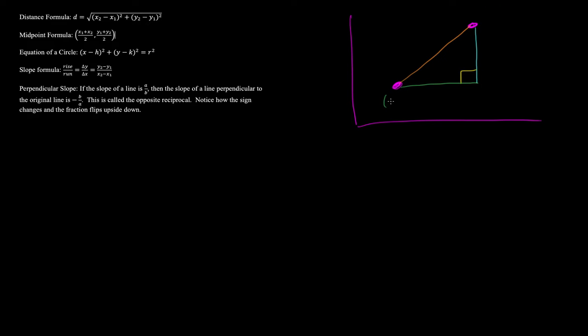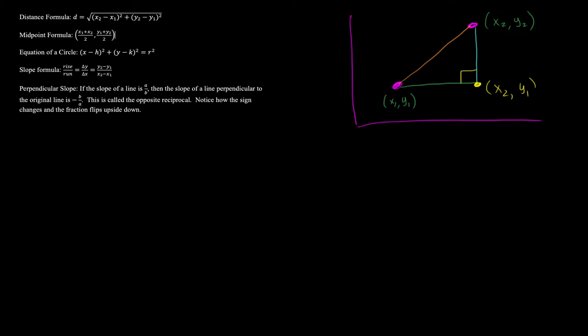And so if we call this x1, comma y1, we call this point x2, comma y2, that would make this point, it's sharing the same y value, so it's y1, and it's sharing the same x value as this, so it's x2.